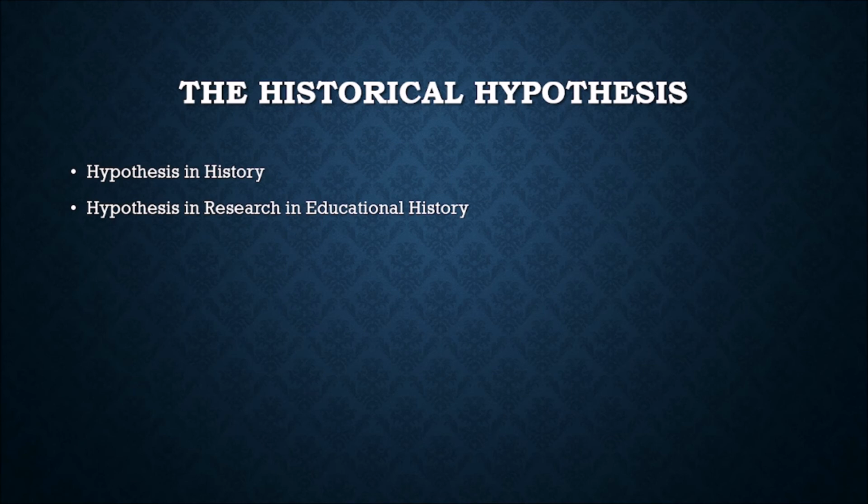Now we're going to study the historical hypothesis. The historian also formulates hypotheses like the physical scientist, but the type of hypothesis and the procedure for testing differ in the two fields because of the difference in the nature of the subject matter. The historian deals with a complexity of phenomena greater than that dealt with by physical scientists, and events of the past may be unmeasurable or unrecorded.